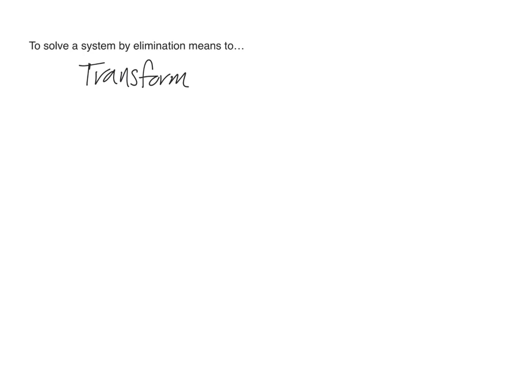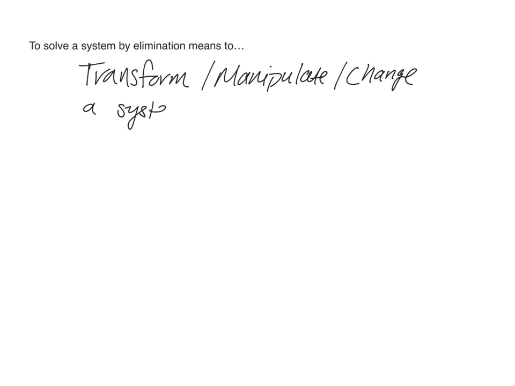So to solve a system by elimination, okay, means to transform, manipulate, or change a system to "cancel out" a variable.